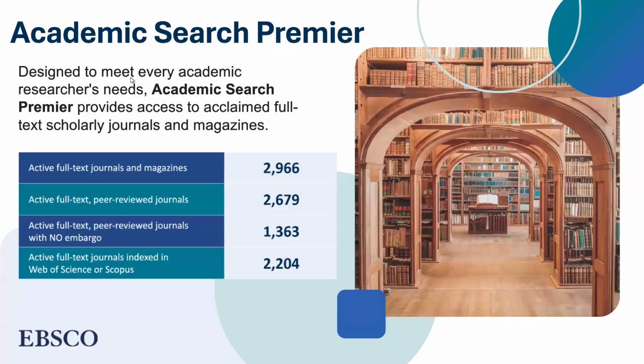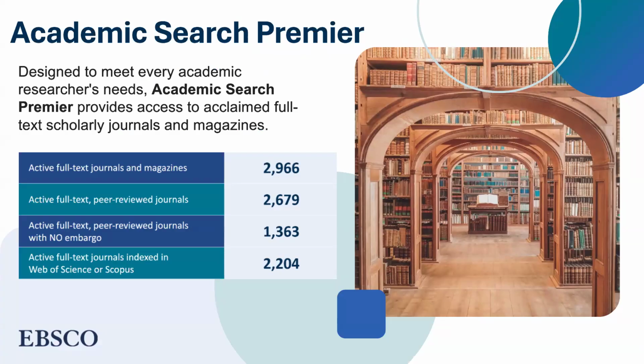And last but not least, lining up our key databases for K-12 research, we've got Academic Search Premier, primarily for academic students, but we also make this available in our high school version of Explora for more sophisticated research at the higher academic levels for your high school students.